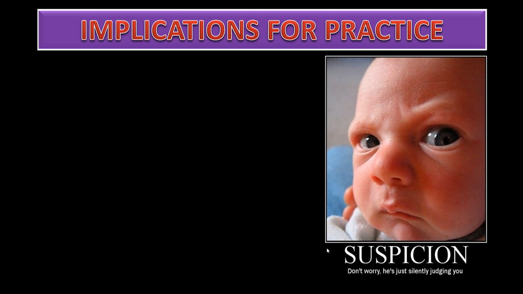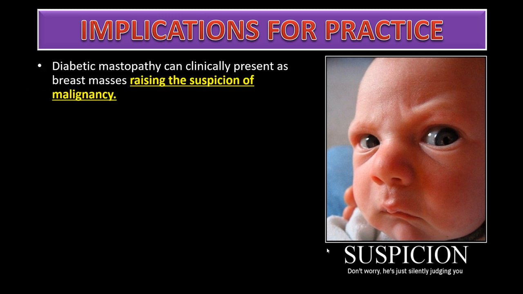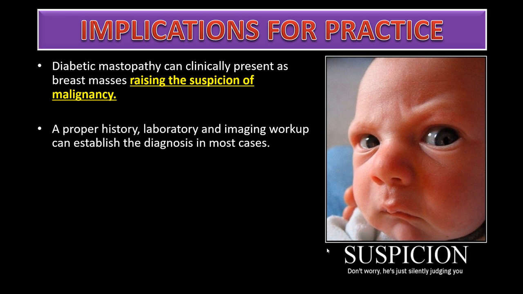Implications for practice. Diabetic mastopathy can clinically present as breast masses, raising the suspicion of malignancy. A proper history, laboratory, and imaging workup can establish the diagnosis in most cases.